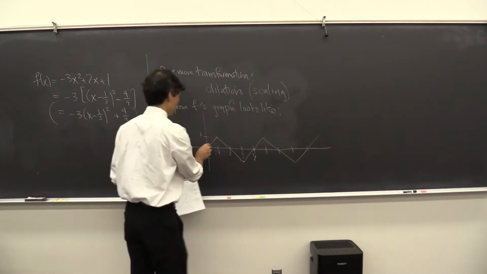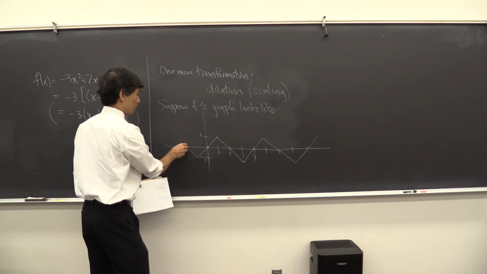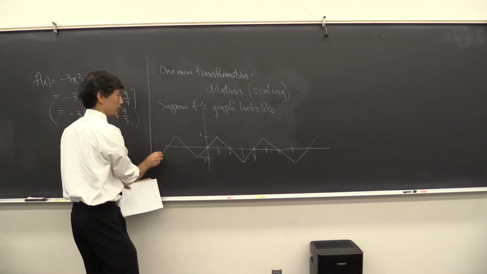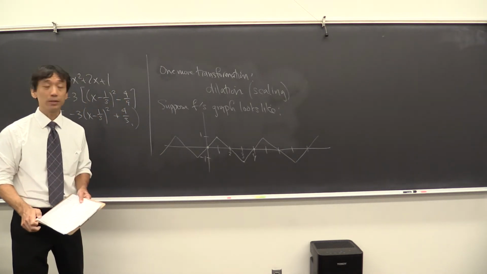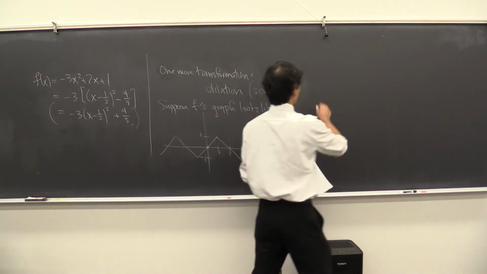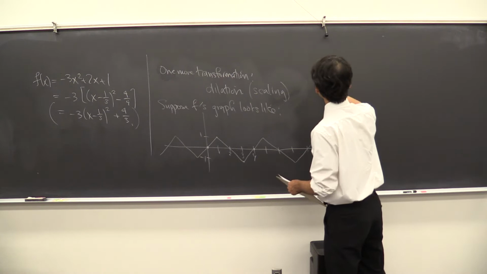It repeats also in the reverse direction. So you've got this sawtooth graph. One thing that we didn't do was multiply the function.